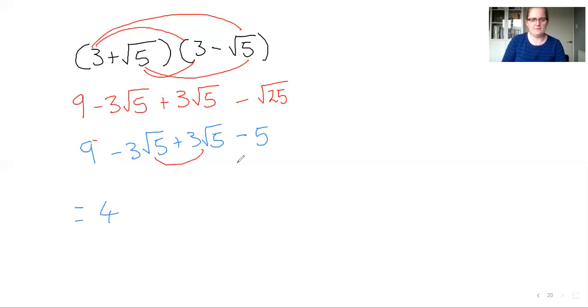So we end up with our final answer just being 4, because the negative 3 root 5 and the 3 root 5 cancel each other out. So we're just left with 9 take away 5. So our next example, using double brackets, would be this.